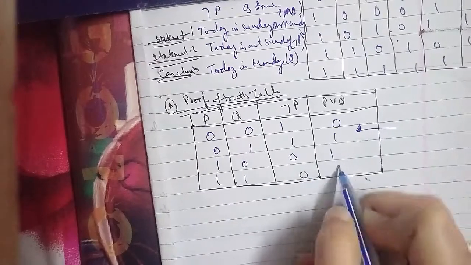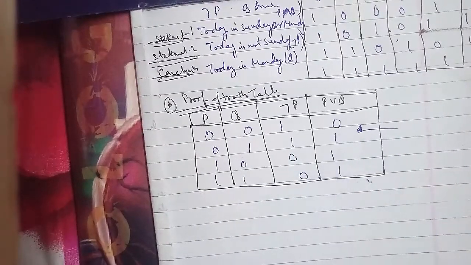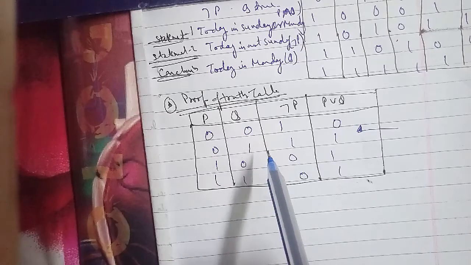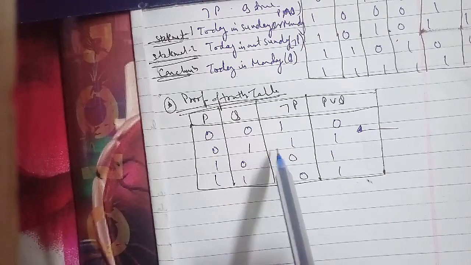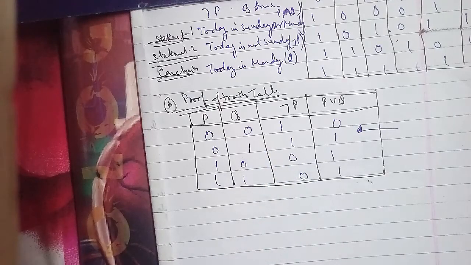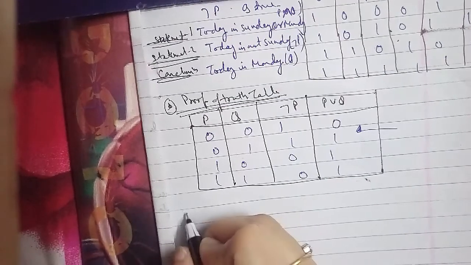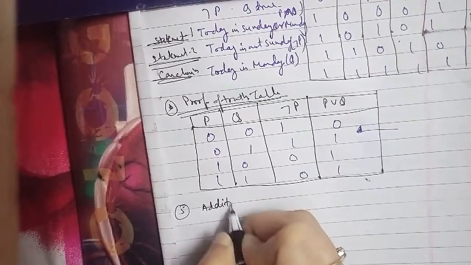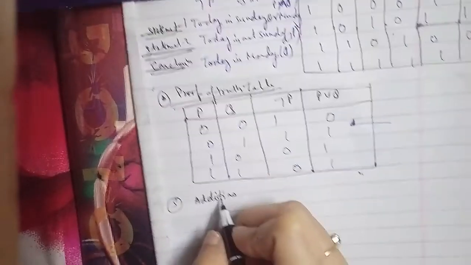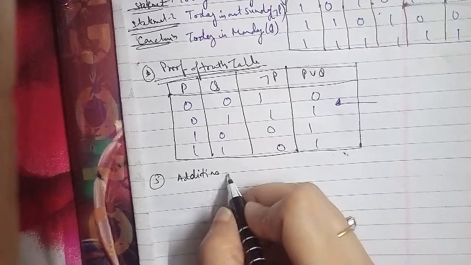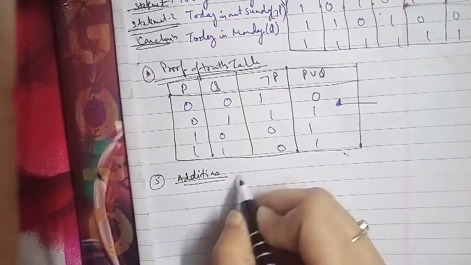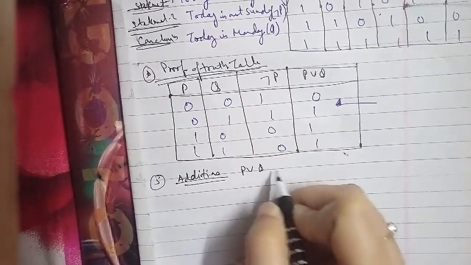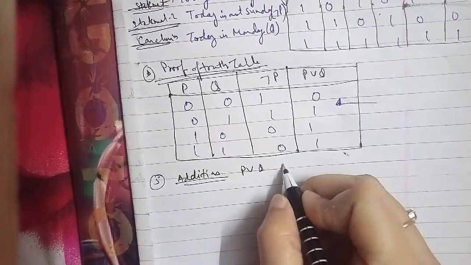Statement 1 is I have a vanilla ice cream. This is P. Then I have chocolate ice cream. This is Q.